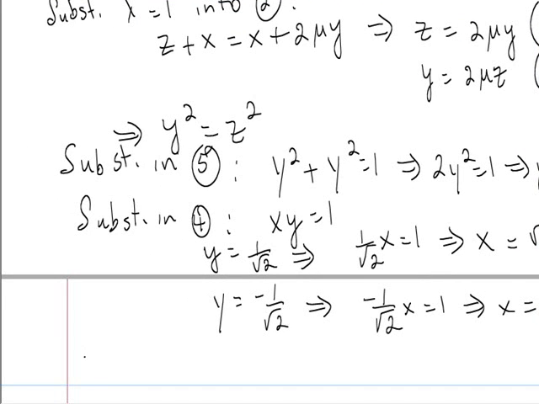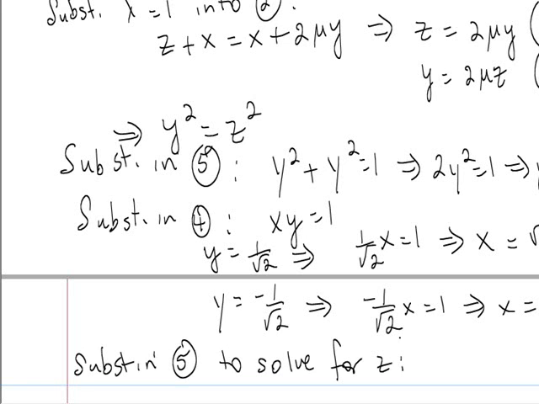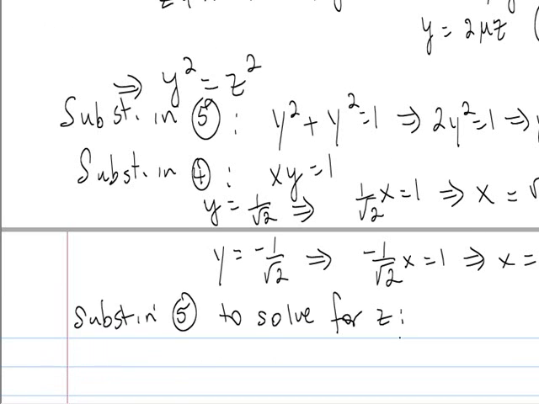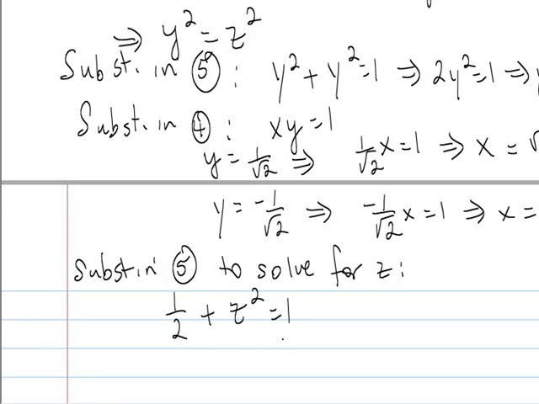So substitute now in 5 to solve for z. So what was y squared? A half, right? So 1/2 plus z squared is 1. Z squared is a half, so this implies that z is plus or minus 1 over square root 2.